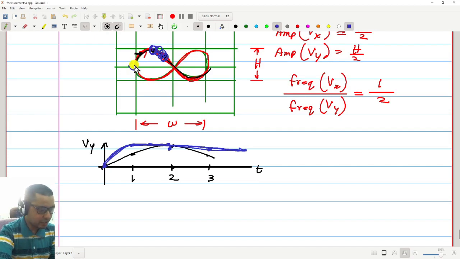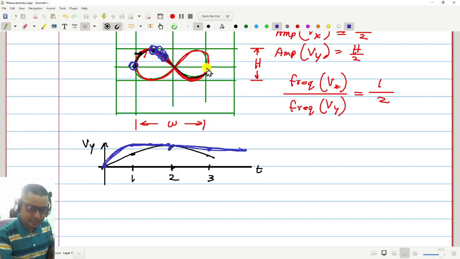So the horizontal voltage has completed one cycle. And at the same point, the vertical one has completed two cycles. You see, up, 0, down, 0, up, 0, down, 0. So two cycles. Now maybe one of them is a square wave, another is a sine wave.